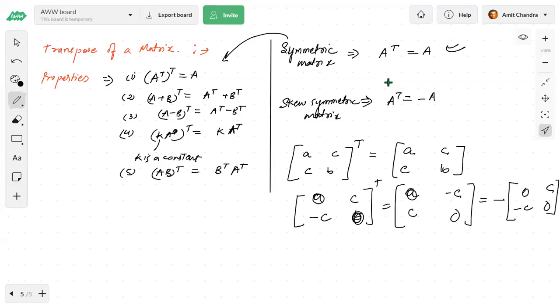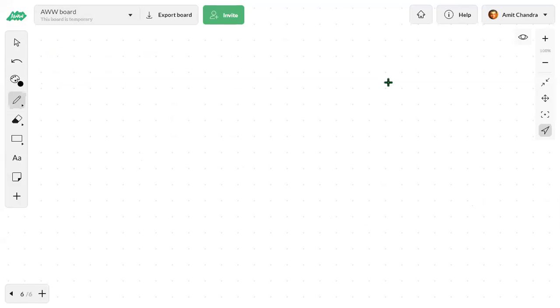Some few more properties on symmetric and skew symmetric matrices, which you can remember, because while solving sums these properties will come in handy. So the properties of symmetric matrix.